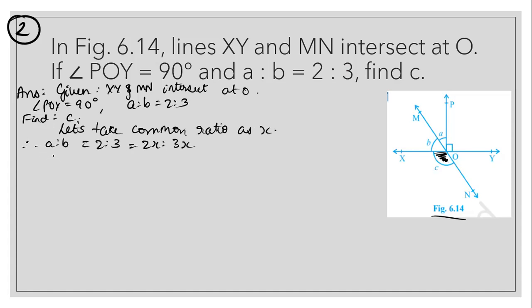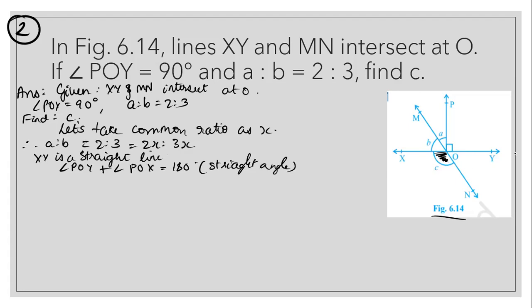So now we know that XY is a straight line, and angle POY plus angle POX is equal to 180 degrees, again because it's a straight angle, correct?